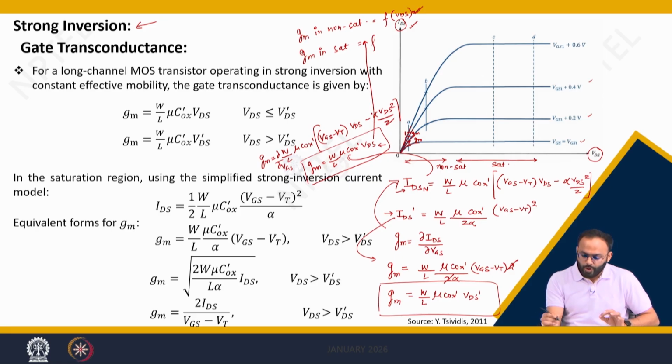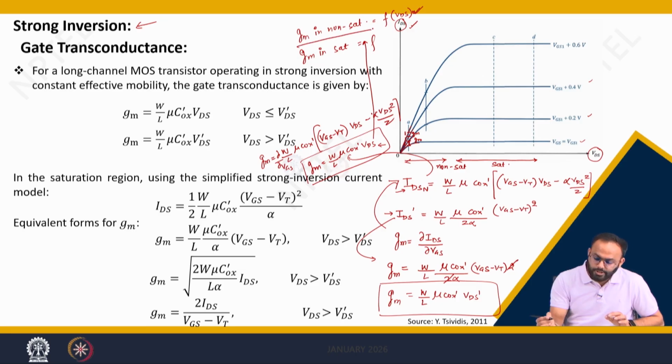That is the meaning: GM in the non-saturation region is only dependent on VDS and not VGS. If I take a cut line at B, again the difference is the same, so GM is not a function of VGS, whereas when you change the cut line from A to B, GM changes.